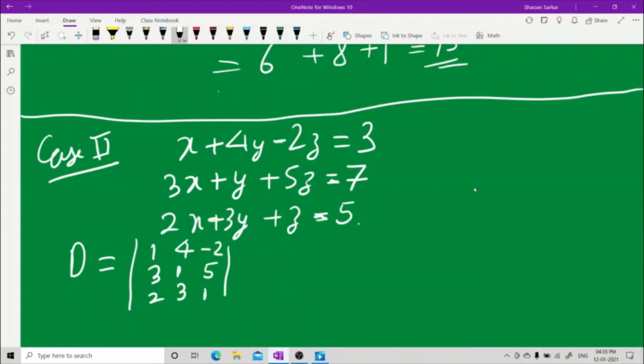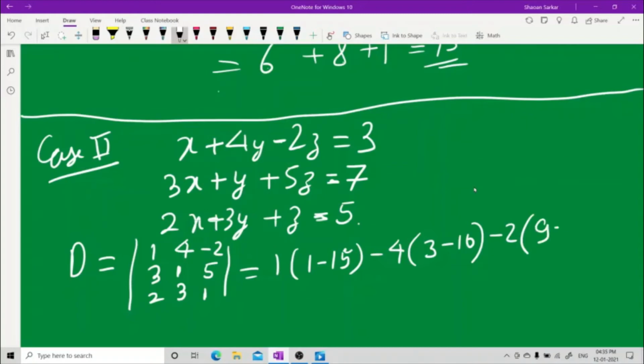So the determinant comes out to be, this is 1, the way you expanded, 1 minus 15, minus 4, you hide the first row and the second column, 3 minus 10, and you have minus 2, and you're hiding the first row and the third column, that is 9 minus 6.